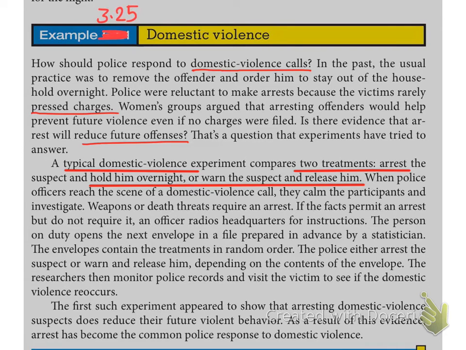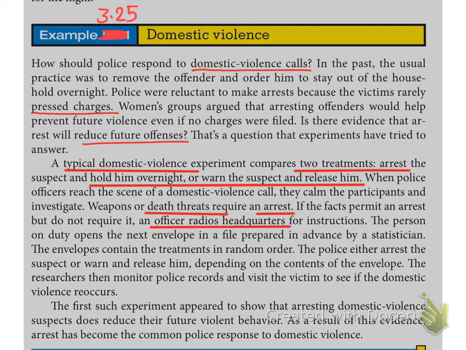Whenever they got a call, they went to the scene, observed and evaluated the whole situation. If it was a very severe situation, with death threats, an arrest was necessary. But if it was not that serious, they called the headquarters through radio and got an instruction.